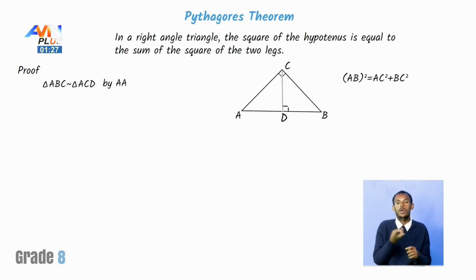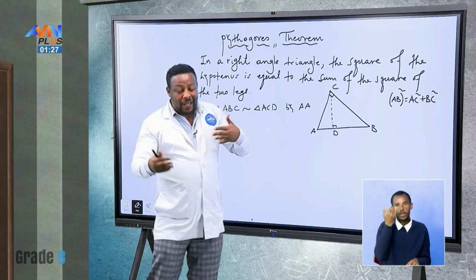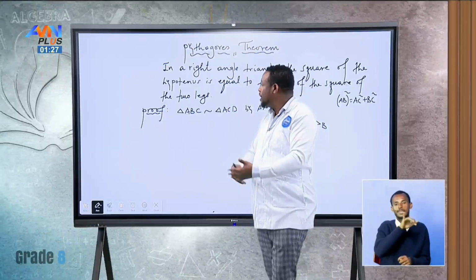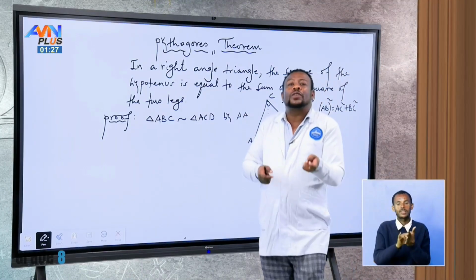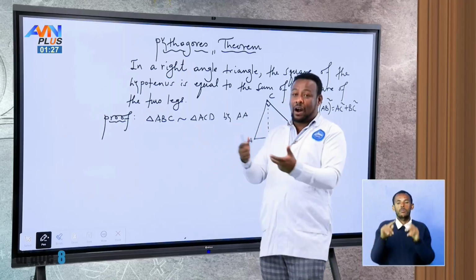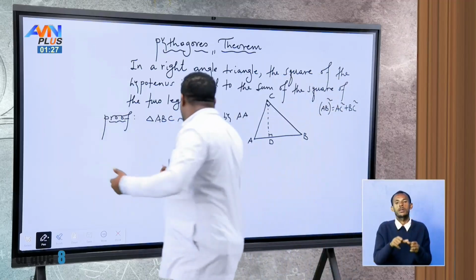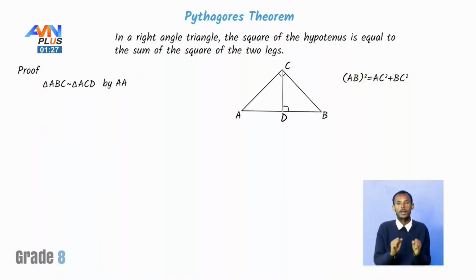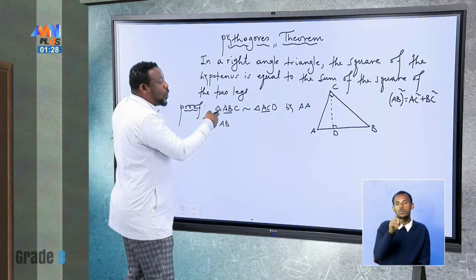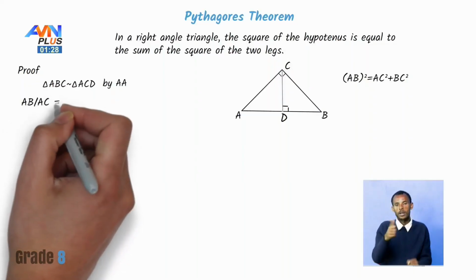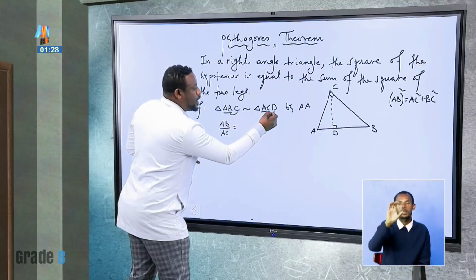Therefore, we can derive a certain proportionality. As you all know, if two triangles are similar, the ratios of the corresponding sides are equal; there is a proportionality constant. By this similarity, AB over AC is equal to BC over CD.